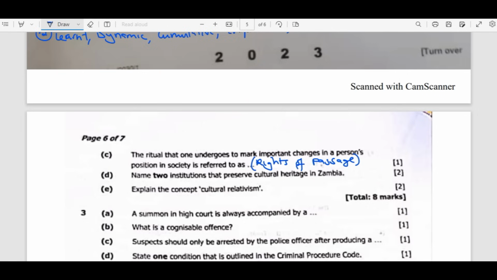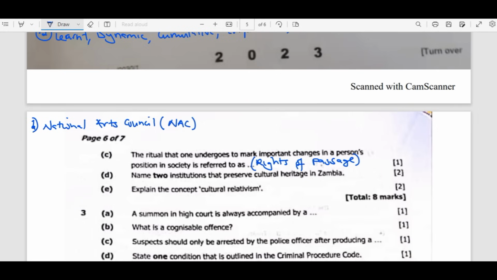Name 2 institutions that preserve cultural heritage in Zambia. So we have many institutions that preserve culture in Zambia. So the first one that we can give here, so we can write D. The first one that we can give is National Arts Council, which is NAC.